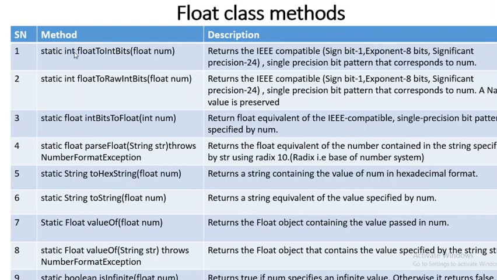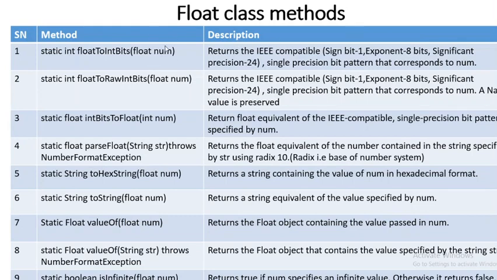First is int. The return type is integer. The name of the method is floatToIntBits, in brackets float num. This method returns the IEEE compatible, that is single precision, bit pattern that corresponds to the number.